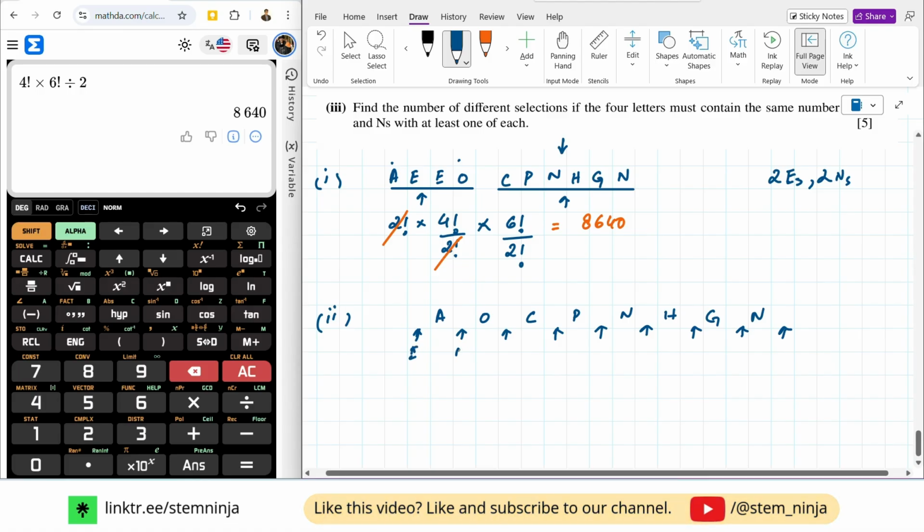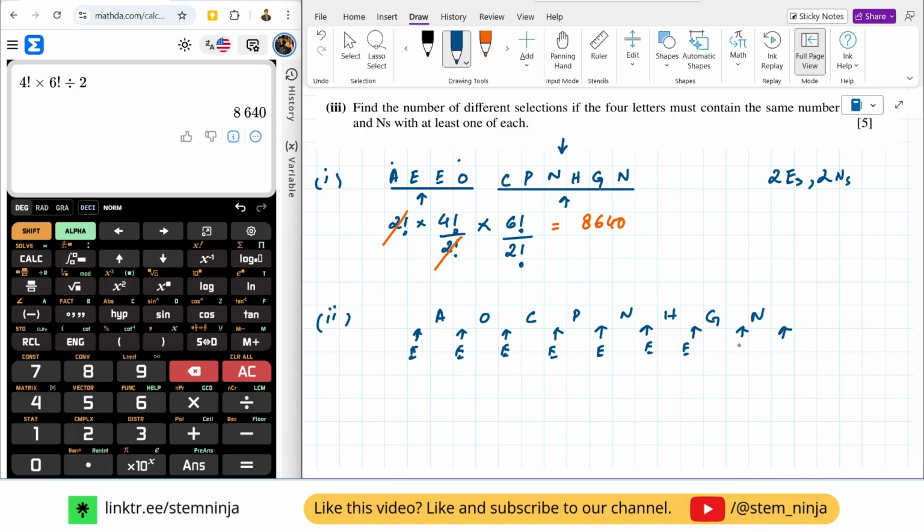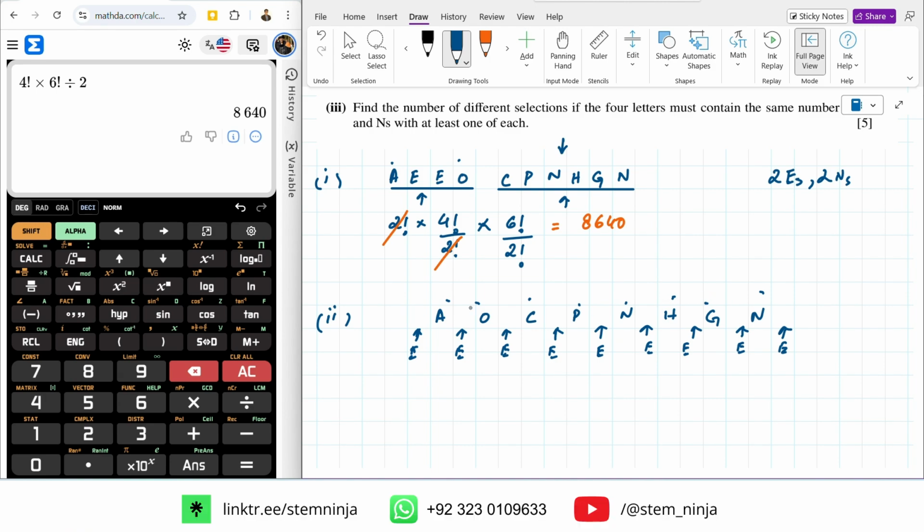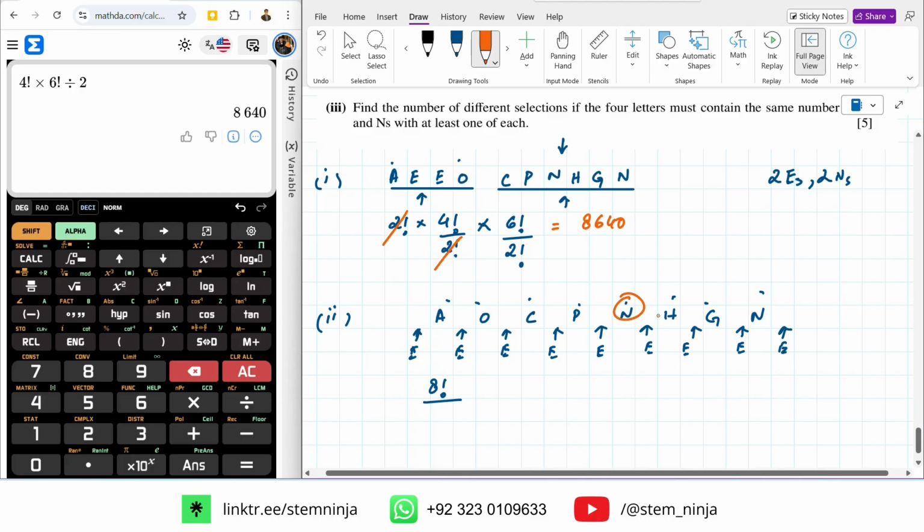This is the place for E's. Possible places for E's, since we just have two E's, just to make sure, 1, 2, 3, 4, 5, 6, 7, 8. So for the non-E's, you have 8 factorial for them, and 2 are duplicate N's, so divided by 2 factorial.